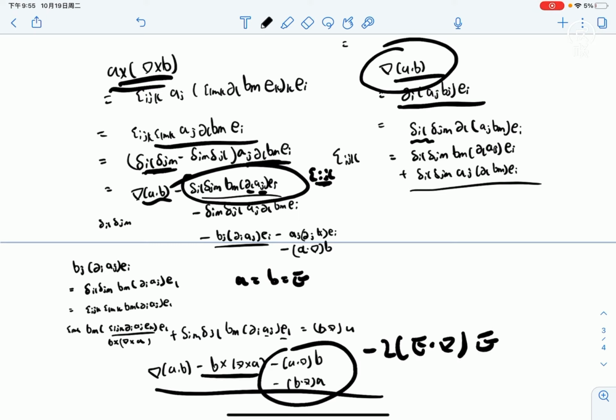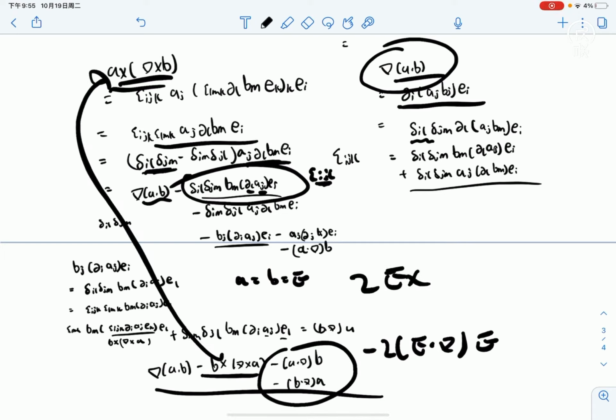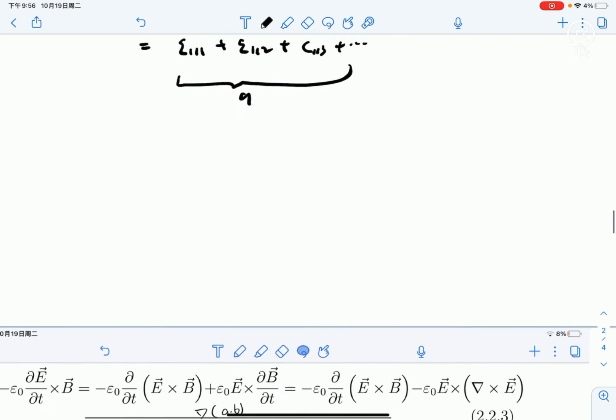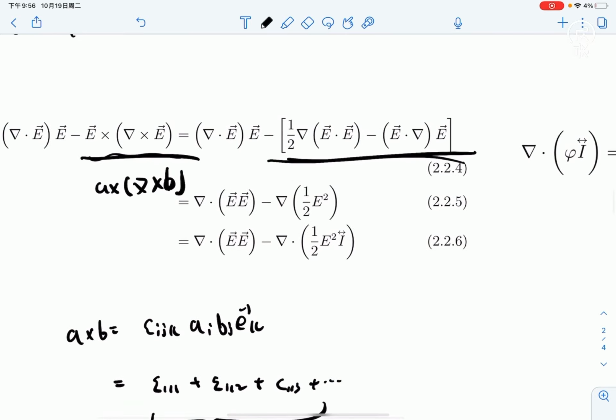And this term is also equal, so move it to that side, which has 2 of E cross this plus this E dot E. And this part is equal to minus 2 E this, and dividing by 2, we get the equation over here. So basically we prove this.